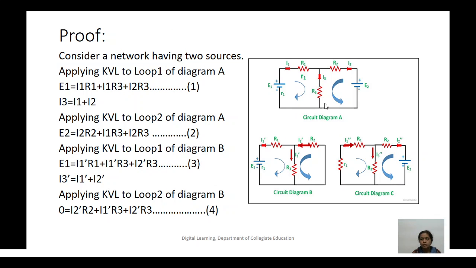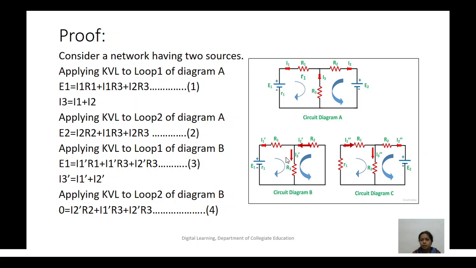So here we have a network having two sources, E1 and E2. The method involves taking one source at a time. So we take only E1 with the remaining passive elements as they are and find the currents through different branches, I1 dash, I2 dash, I3 dash. Again, remove the first source, take the second source, and find the currents in different branches, I1 double dash, I2 double dash, I3 double dash.